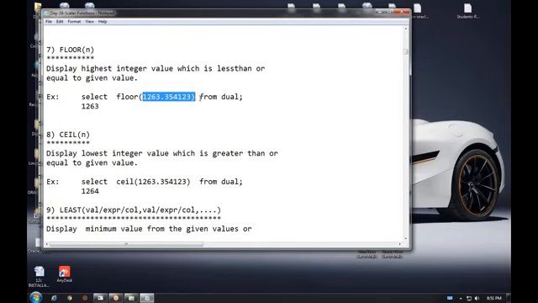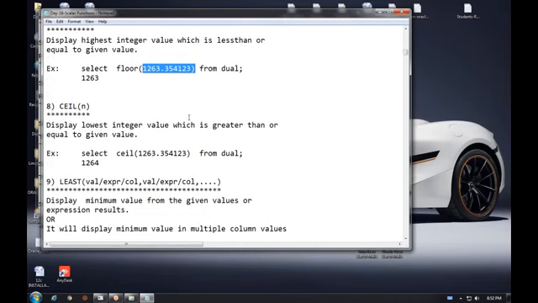In those below values, what is the highest value? 1263. Floor function displays the highest integer which is equal or below the given value.